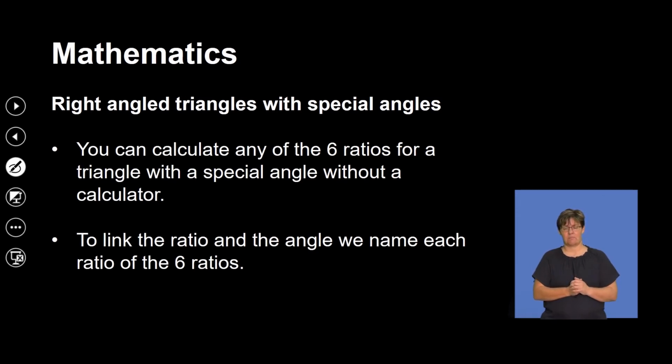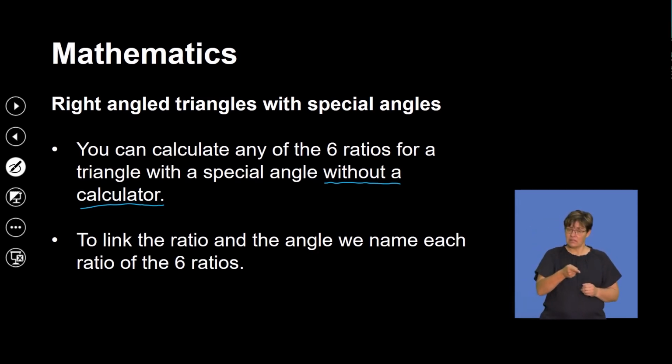Now, you can calculate any of the 6 ratios for a given triangle with a special angle without a calculator, right? To link the ratio and the angle, we name each of the 6 ratios. What do I mean when I say that?